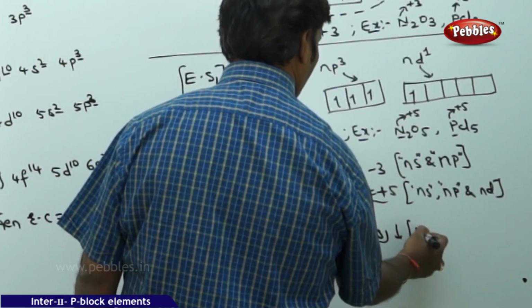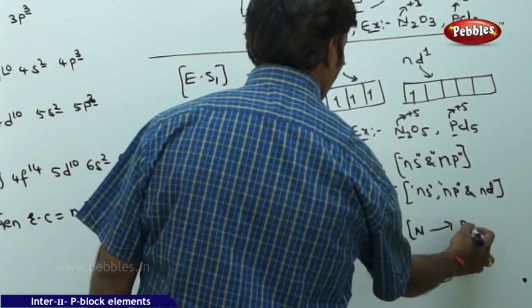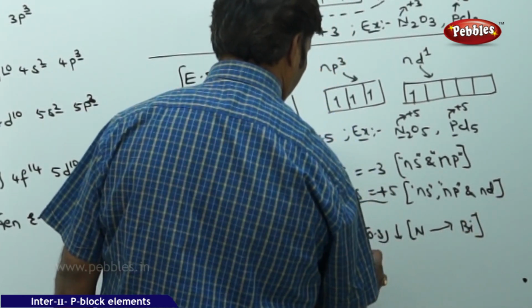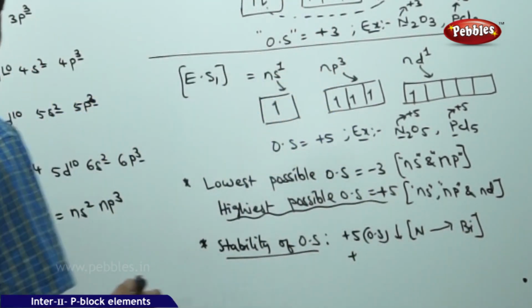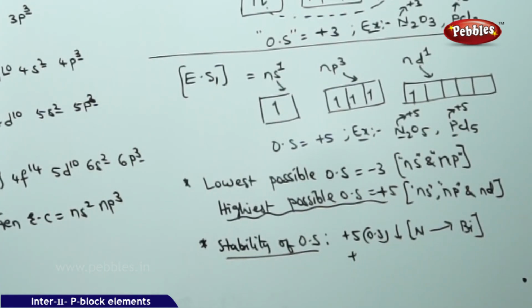from nitrogen to bismuth, and bismuth has an exceptional property. Bismuth shows an important property called inert pair effect.